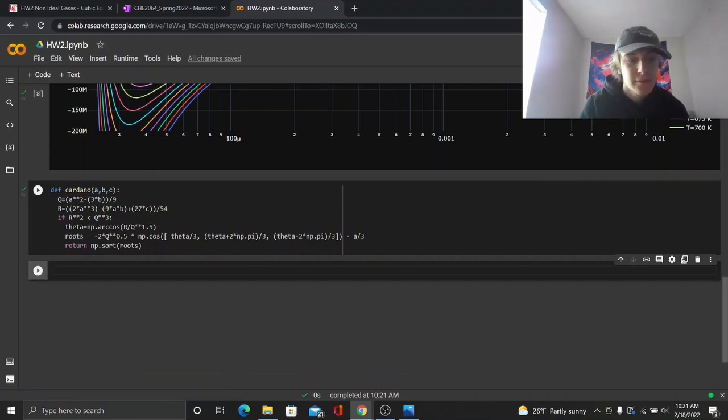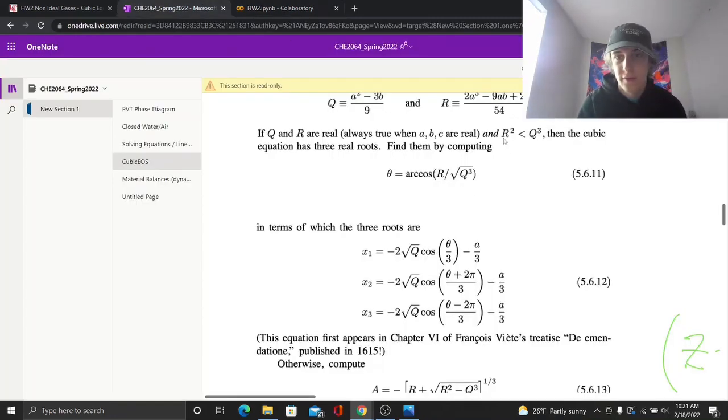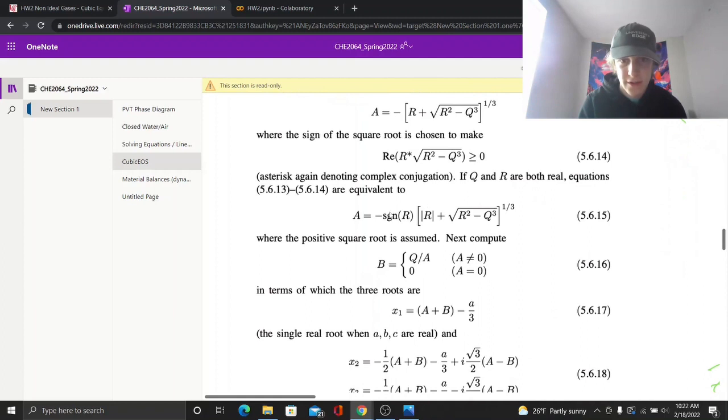So now that we have this, we need our other situation where R squared is not less than Q cubed, and that will be this situation here.